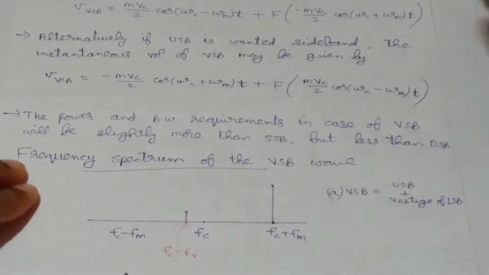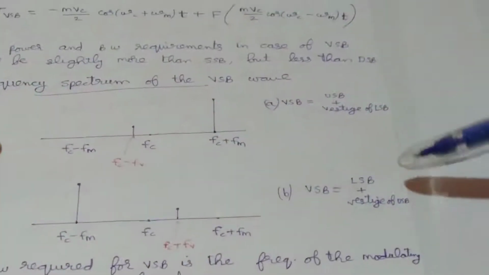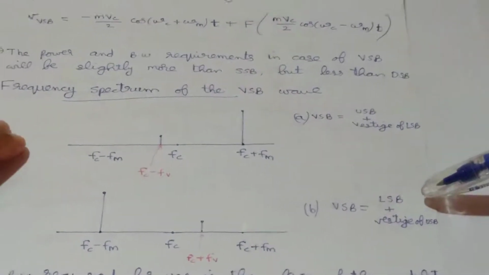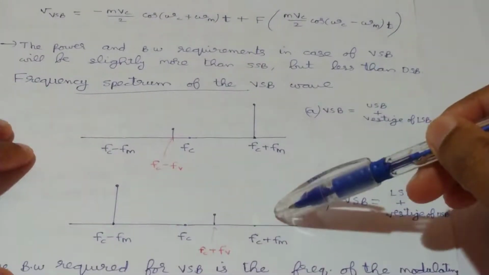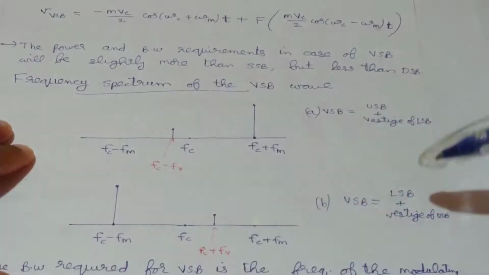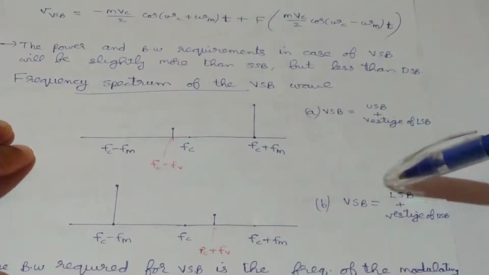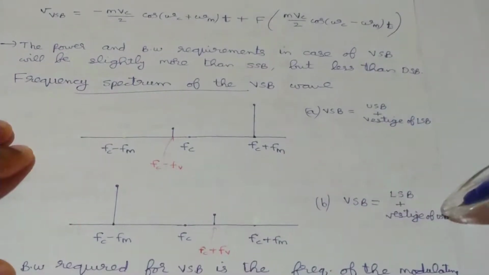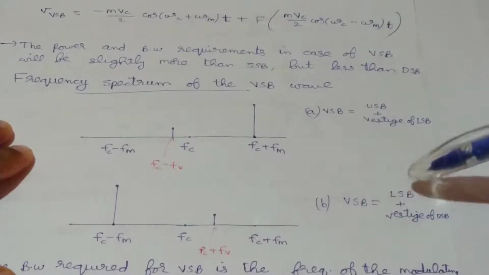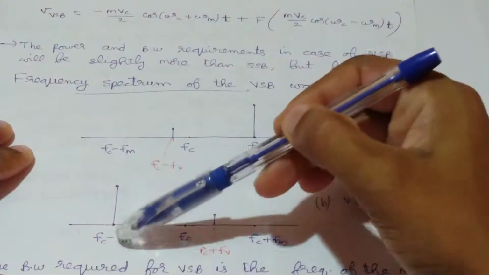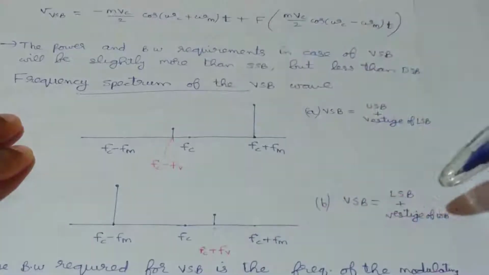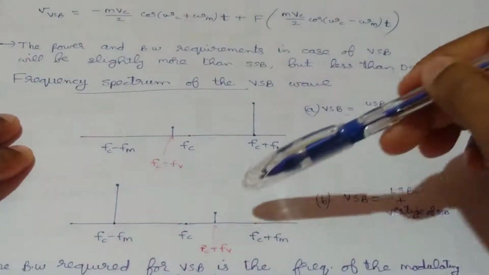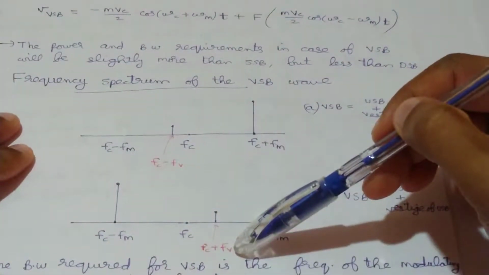Then if we are transmitting the lower sideband plus vestige of the upper sideband, the frequency spectrum will be like this. Here we are transmitting the lower sideband completely plus vestige of the upper sideband. The complete lower sideband is represented here at Fc minus Fm, and the vestige of the upper sideband is represented here at Fc plus Fv.